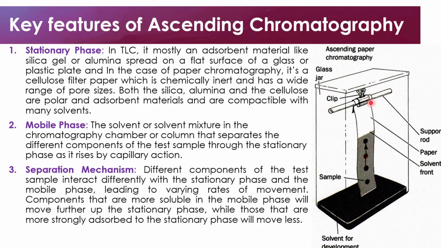So let us take a look at this setup over here, which is a setup showing ascending paper chromatography. This is our chromatographic chamber containing our mobile phase as a solvent over here, and this is the stationary phase, which is a cellulose filter paper supported in the chamber with this rod over here and this clip over here.